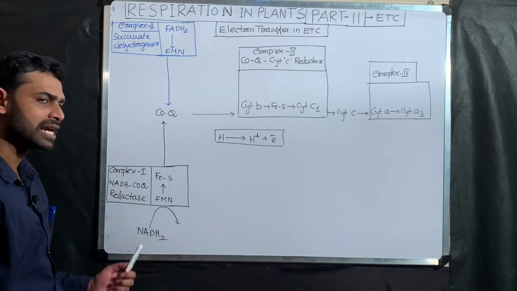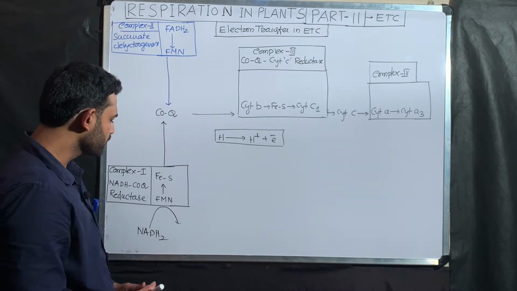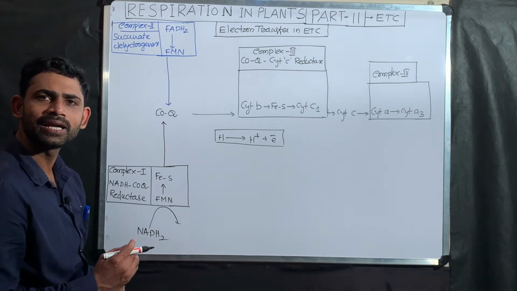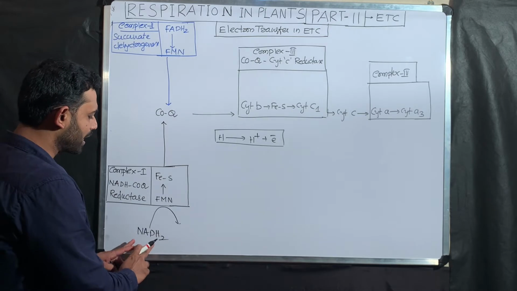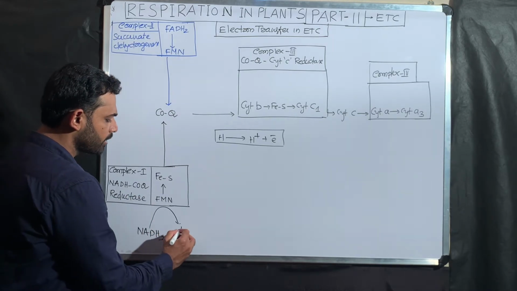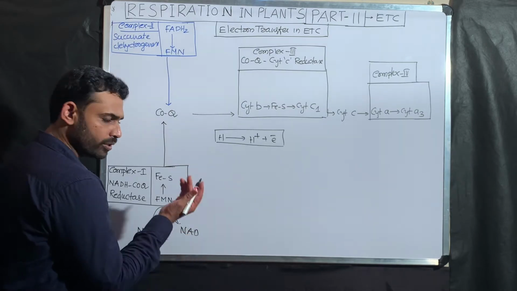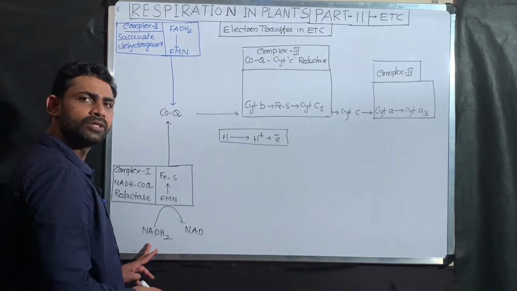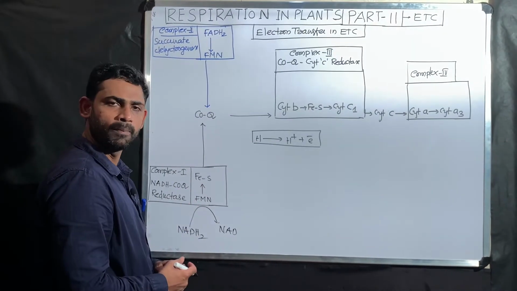Here I am going to start with NADH2, an electron donor. This NADH2 gives 2 hydrogens to complex 1 and converts into NAD.